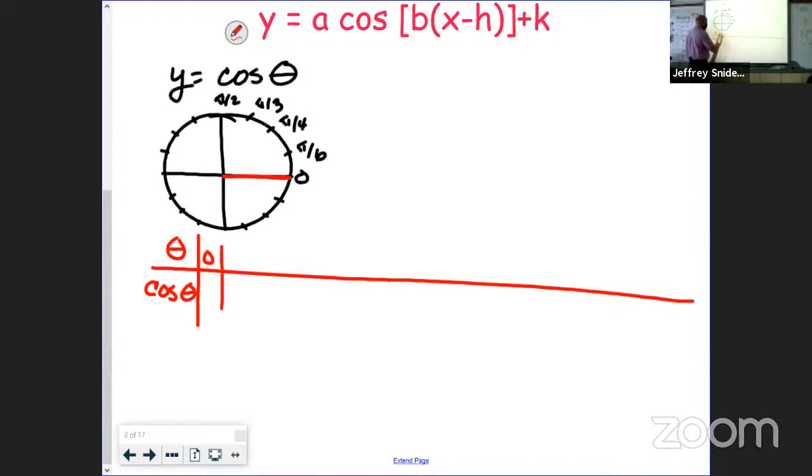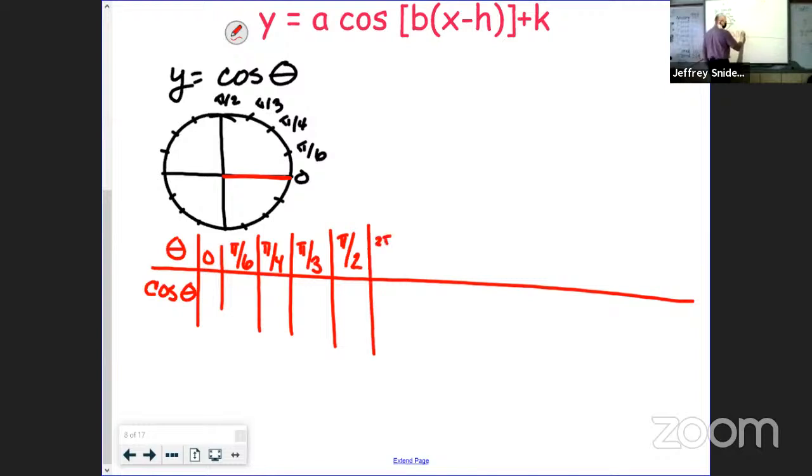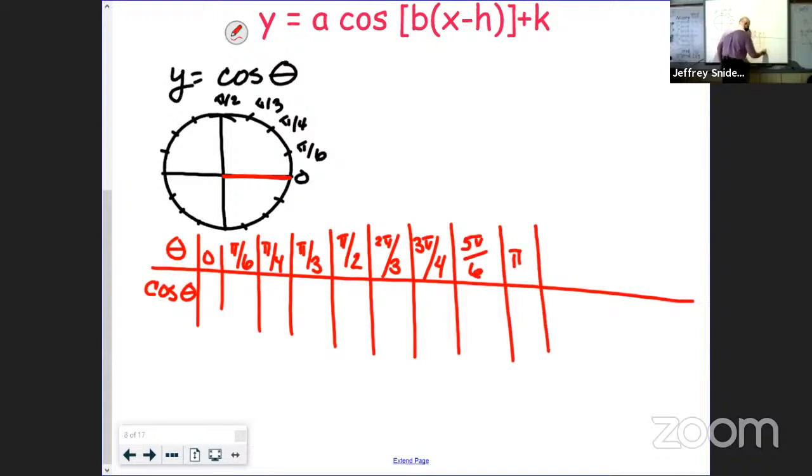So I've got 0, pi over 6, pi over 4, pi over 3, pi over 2, 2 pi over 3, 3 pi over 4, 5 pi over 6, pi. We're going to start with that.